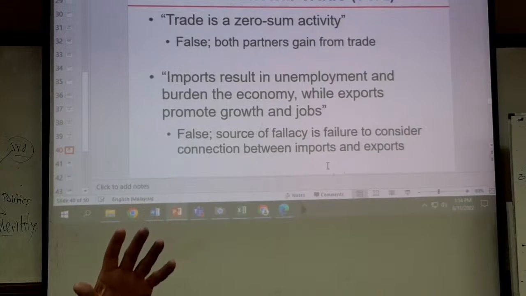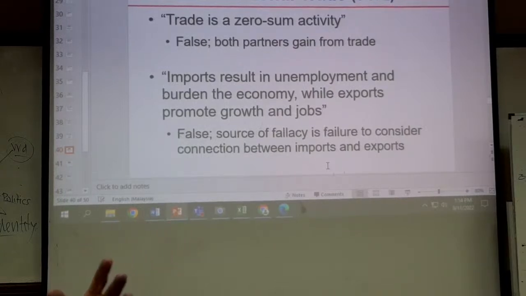Previously, country A 5 only, now 20. See, the total is 30. Zero-sum activity is when after everything, you put the trade together, the total is the same, 10. But one country gains at the expense of another country.